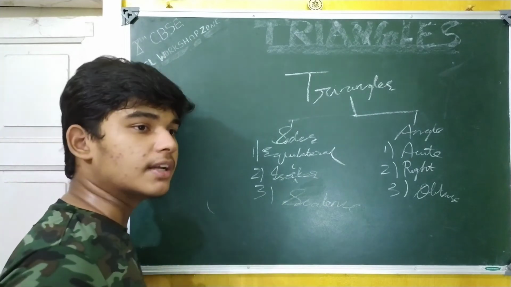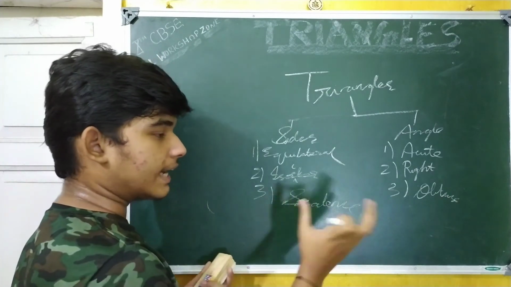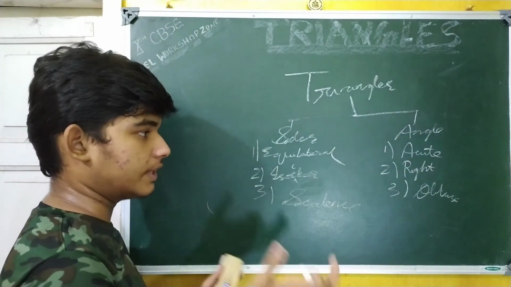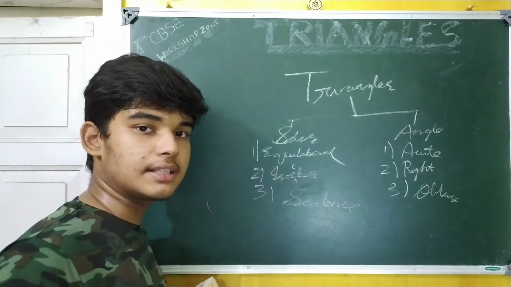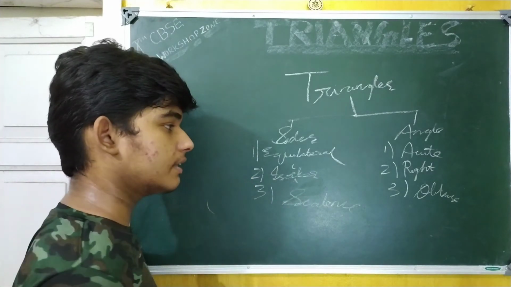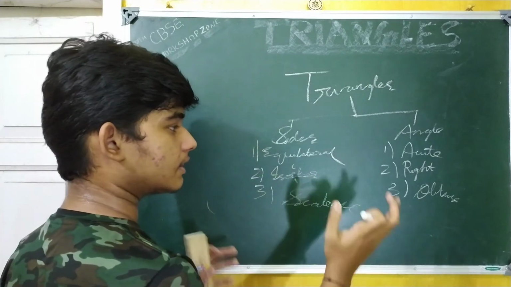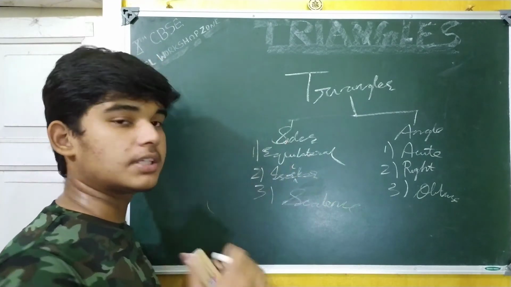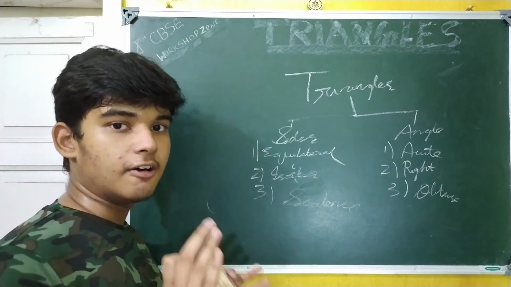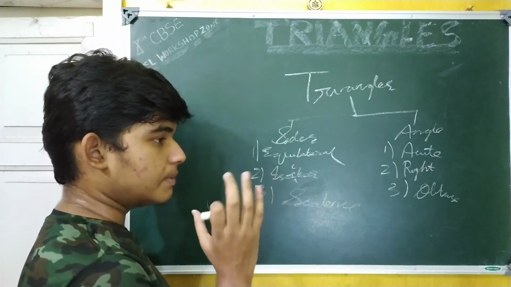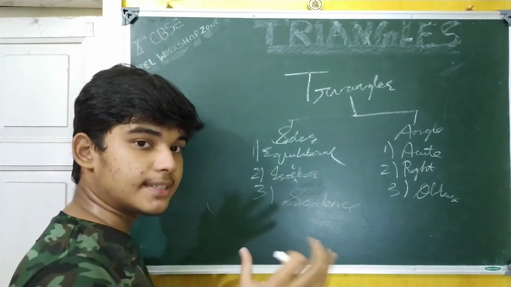Now you might be thinking, well, why only one? Because in an acute angle triangle, all three angles are below 90 degrees, right? So why can't a right angle triangle have all its angles as 90 degrees? Well, the answer is simple. There is something known as the angle sum property.